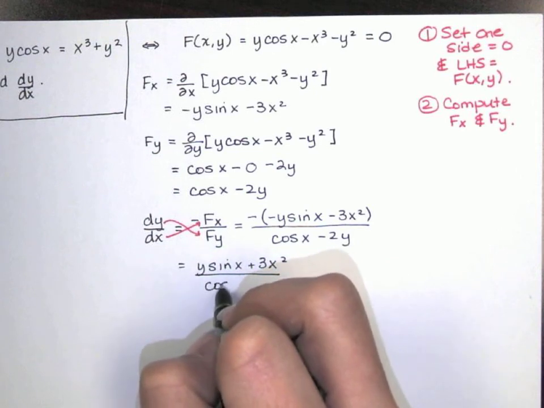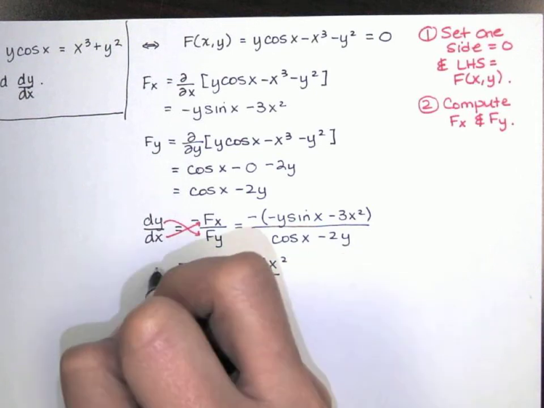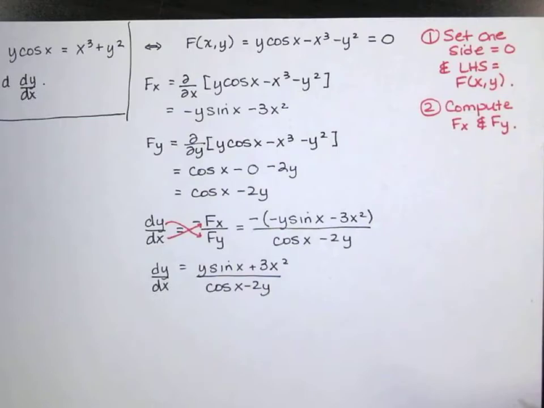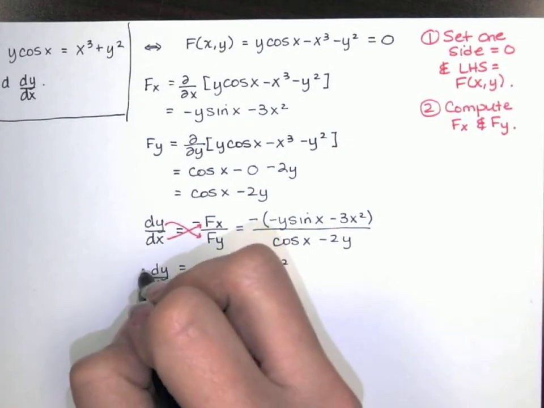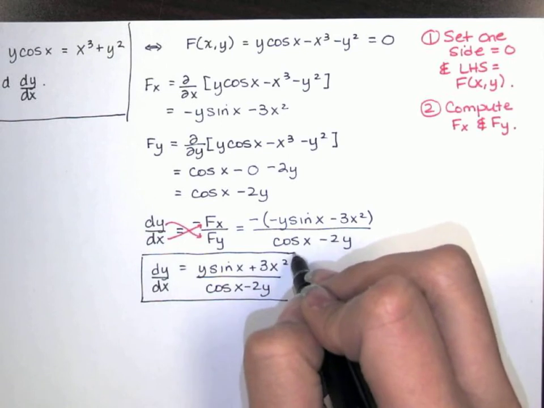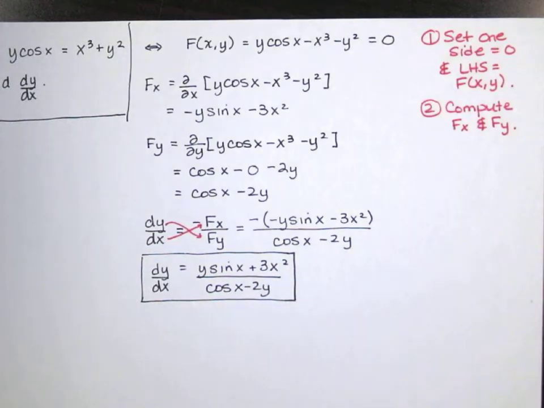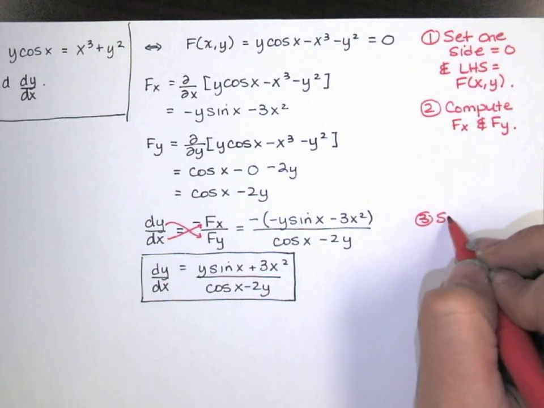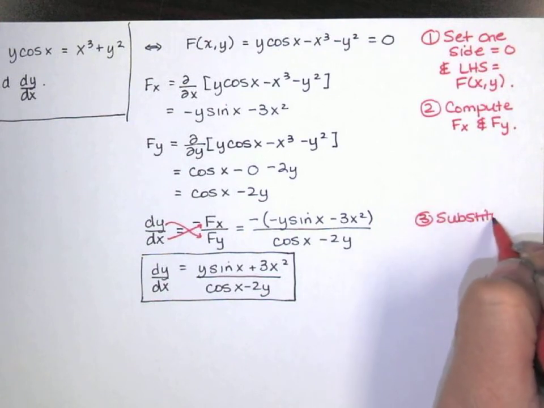And that's our formula for the slope. So now if I want the slope at any xy that satisfies the original equation, I can just substitute it into this formula down here. Provided the denominator is not 0, we're good to go, and that's going to give us the slope there. So we just computed those two partials, and then we substitute into the formula. It's very simple.